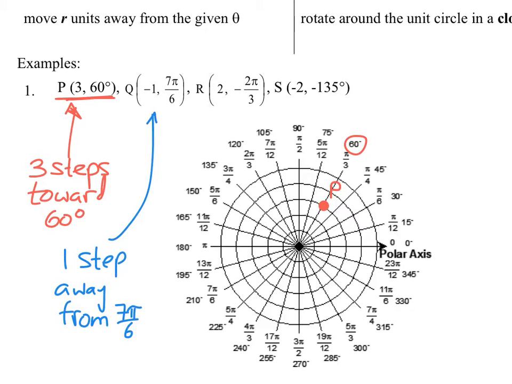I hope not, but it's possible. I just don't want this to be your experience. So I'm going to give you these values so that if you're aiming away from 7 pi over 6, just aim for the radian measure that also has a denominator of 6. The same denominator in the opposite direction is the direction you're going to want to go in. So, 1 step in the opposite direction from 7 pi over 6.